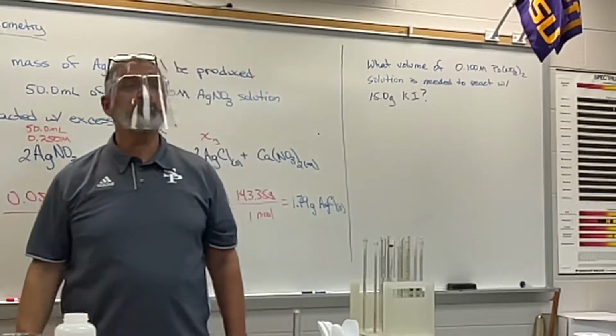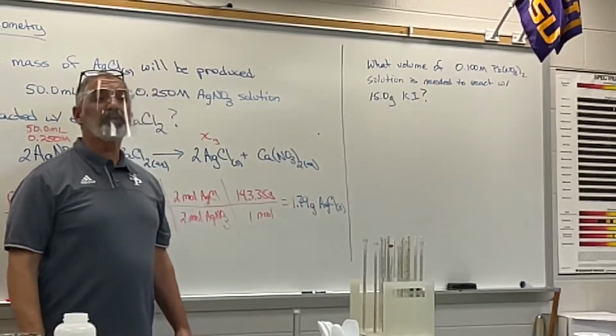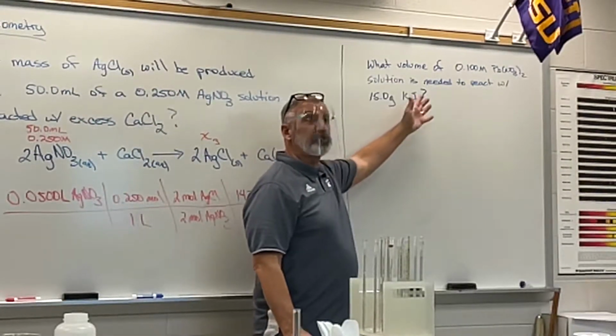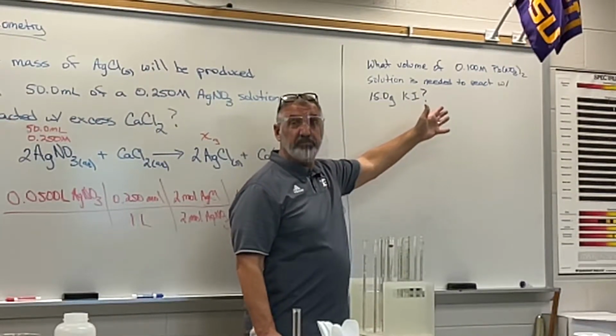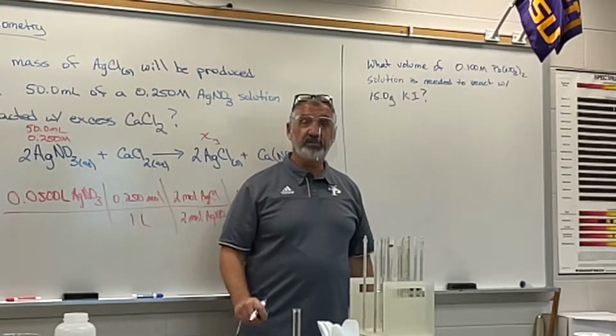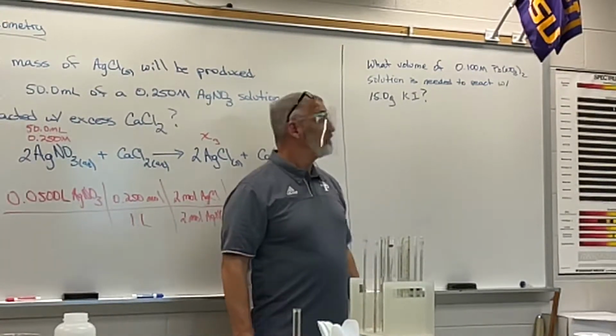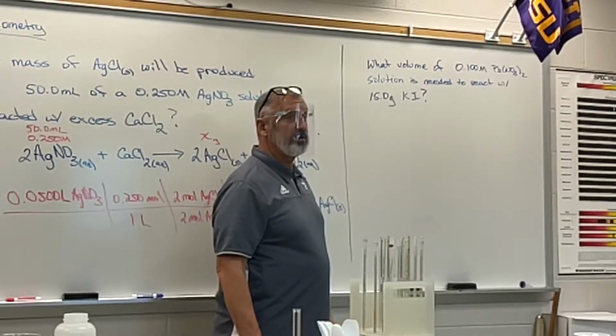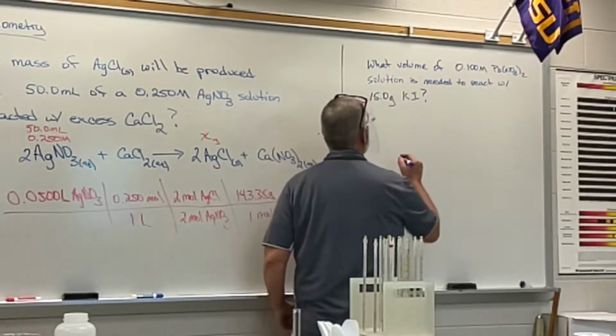Now again, if you look on your stoichiometry roadmap, you're given grams this time, and you're looking for solution volume. So we're basically going in reverse. What obviously was the first thing we need? What's reacting with what?